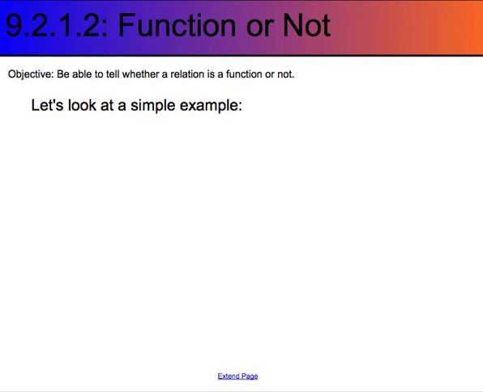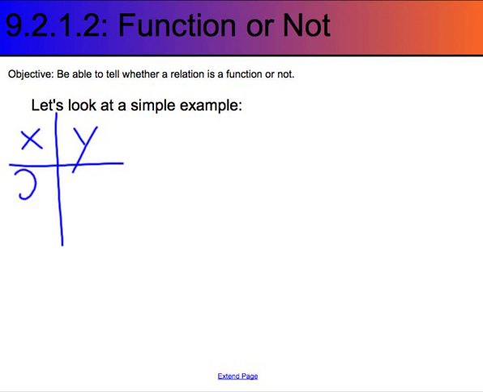So let's go ahead and look at a simple example. I'm going to keep the table pretty small just for simplicity's sake to start with. So let's make a simple XY table there. All right, so obviously this is a table of inputs and outputs.